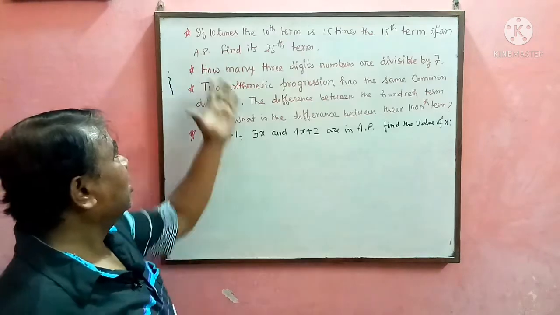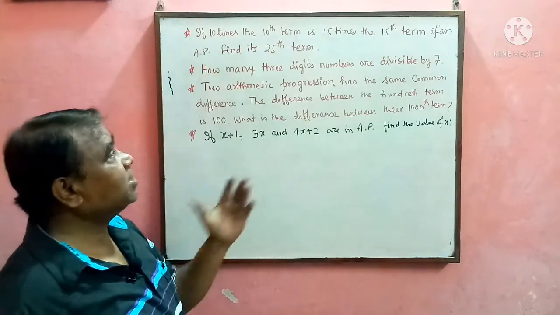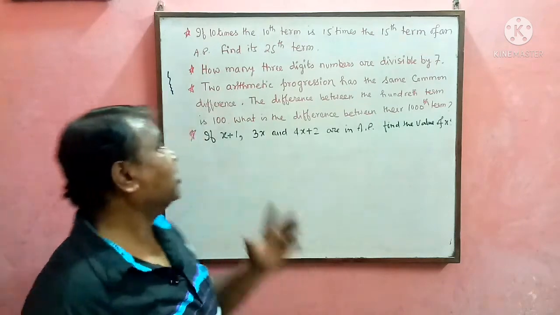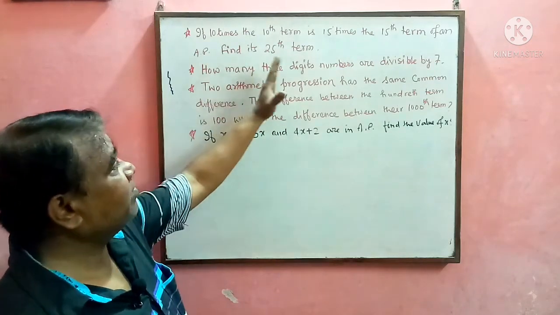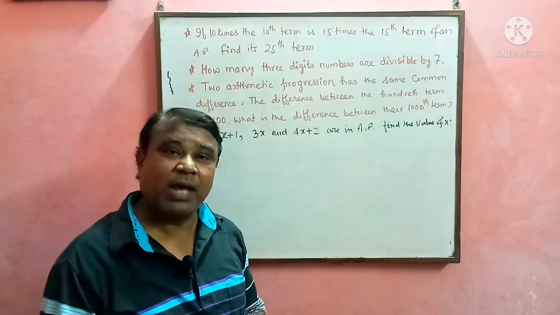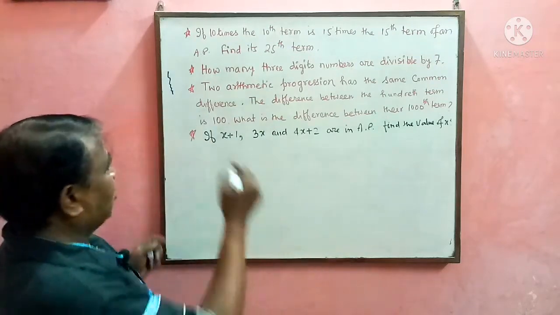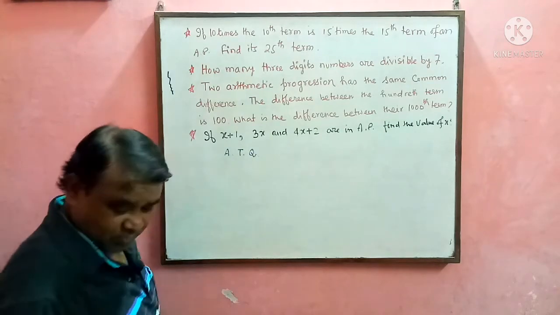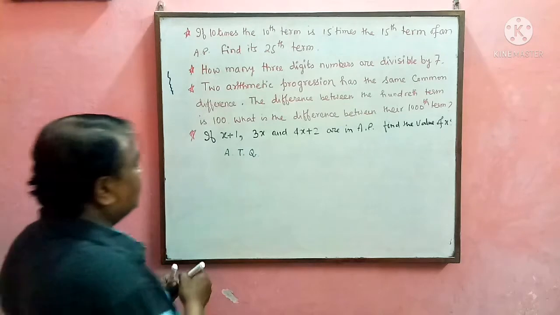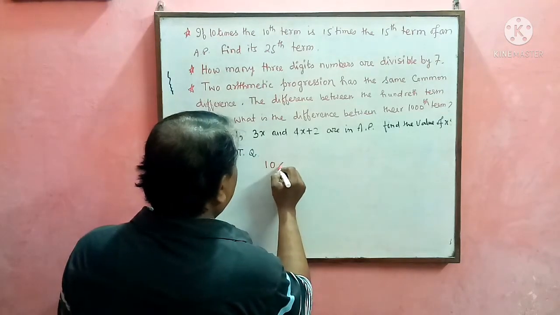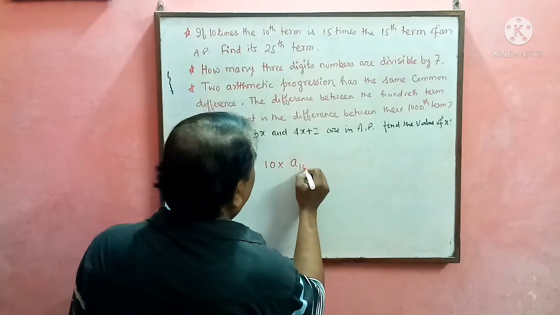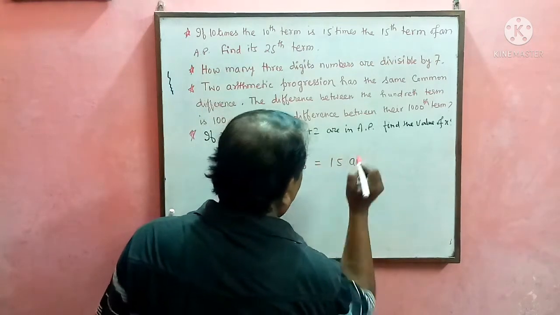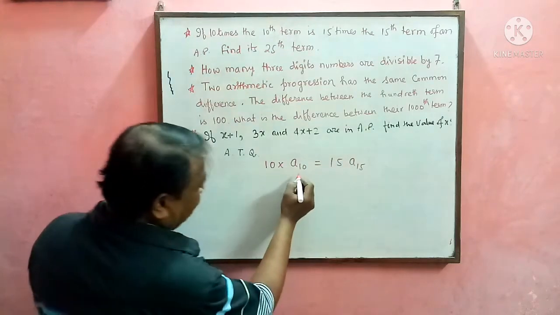Okay. Now the question is, if 10 times the 10th term is 15 times the 15th term of an AP, find the 25th term. If you have any relation like this, you just write according to the question. According to the question, 10 into a₁₀ is equal to 15 into a₁₅. Clear? Now you write the formula.